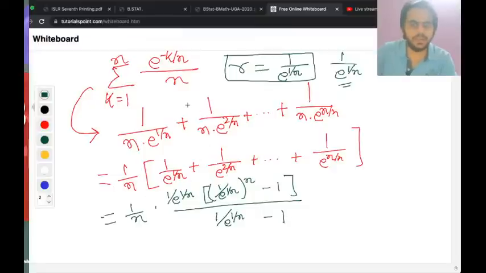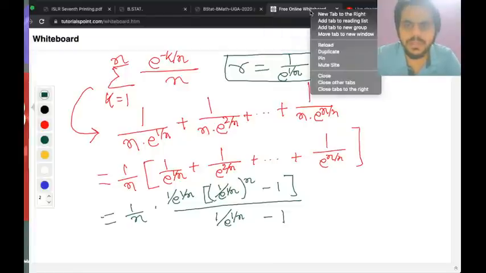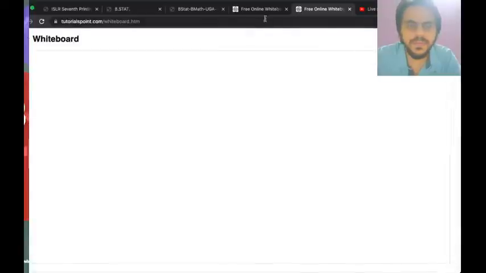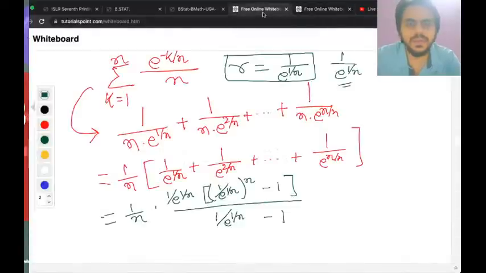We'll erase the other parts. Rather, I'll just do this in a different board, that makes more sense than erasing it. So this is what we have over here.